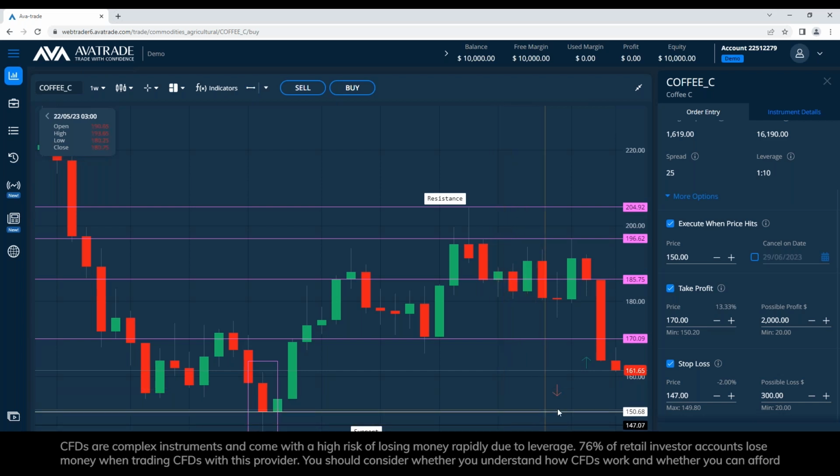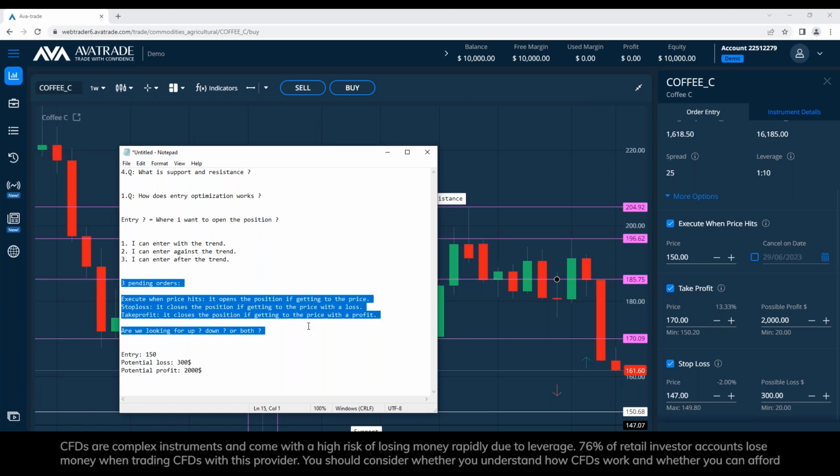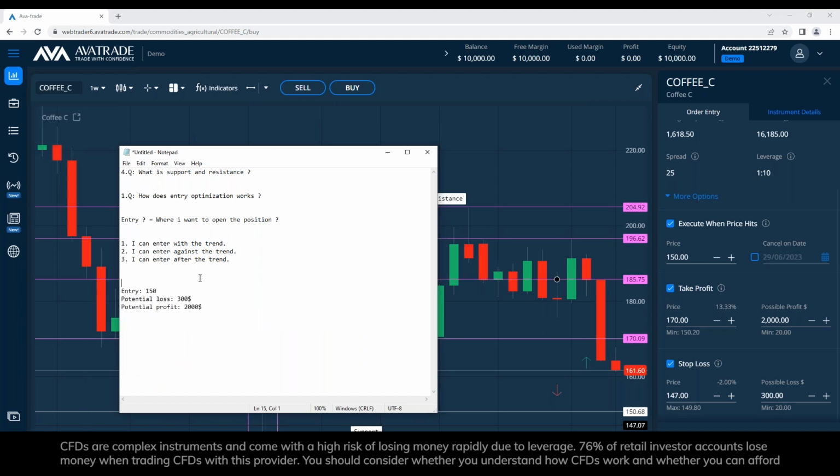That means my potential loss here is $300. Entry, let's say 150. Potential profit is what? Profit is $2,000. Are those numbers looking fine, or something doesn't add up?